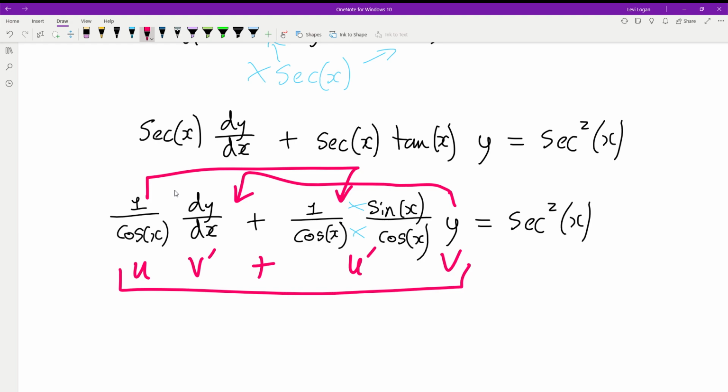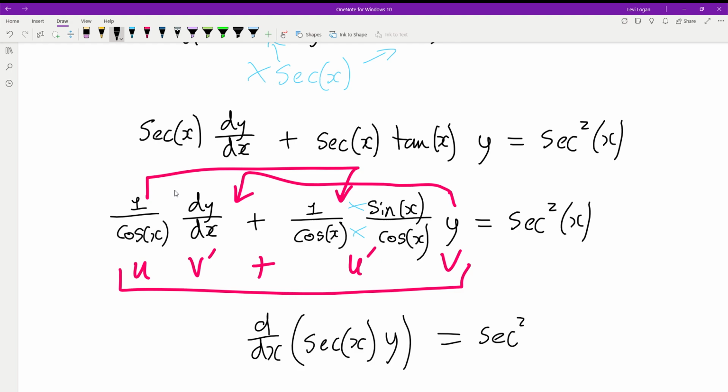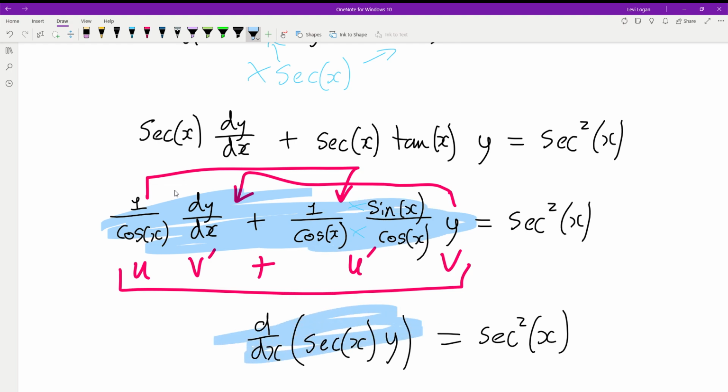So this is product rule, meaning this could be represented as the derivative of sec x times y. So this entire left hand side that I'm going to highlight is the same as this, because if I were to expand this out, it would be product rule: differentiate that, leave that, plus differentiate that, leave that, etc.